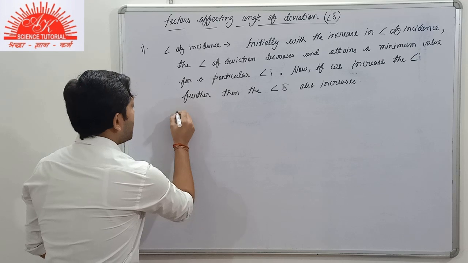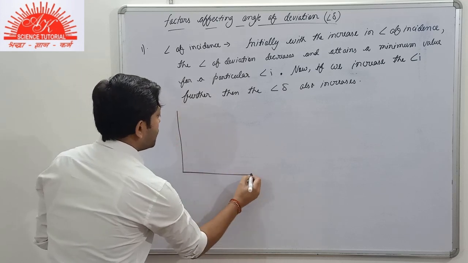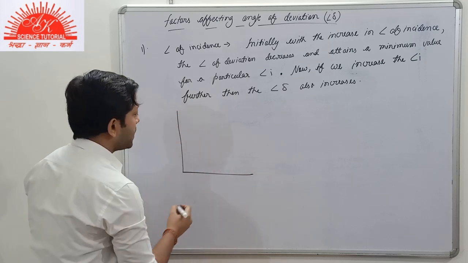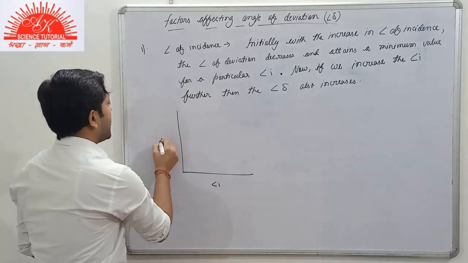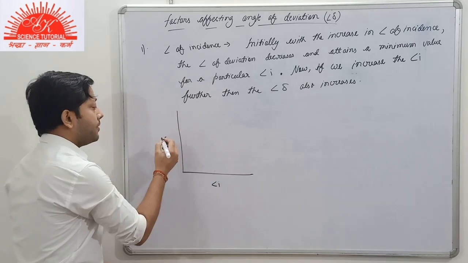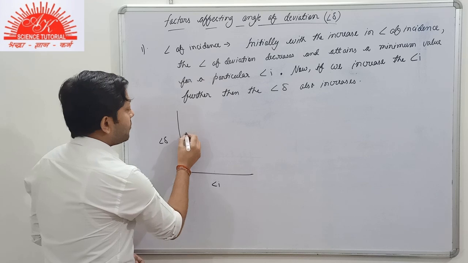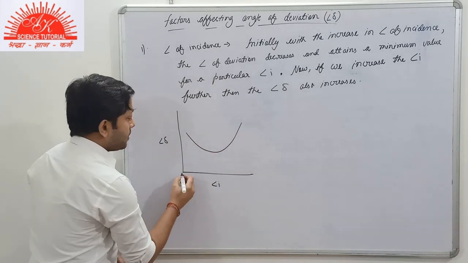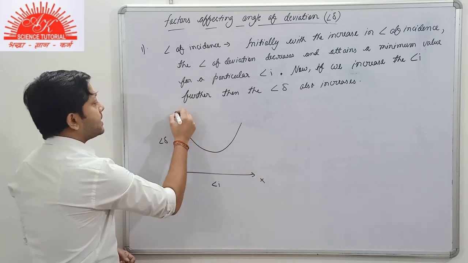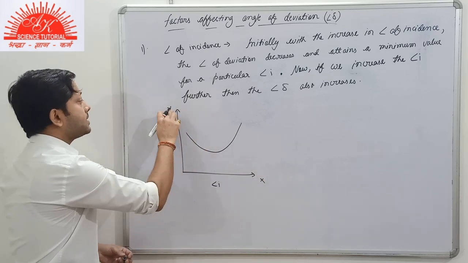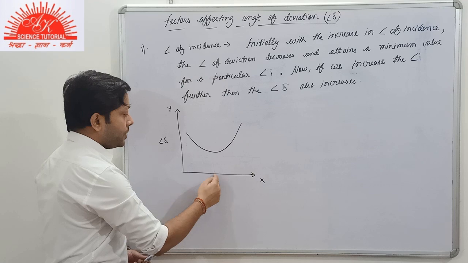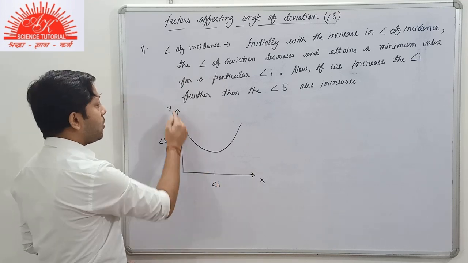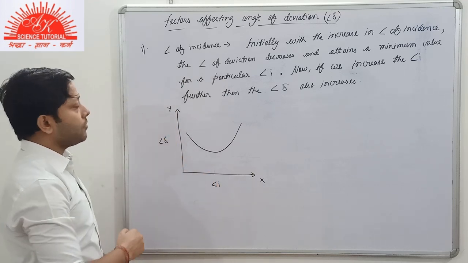If we are asked to plot the graph for the angle of incidence and the angle of deviation, then the graph will be something like this. This is our x-axis and this is our y-axis.